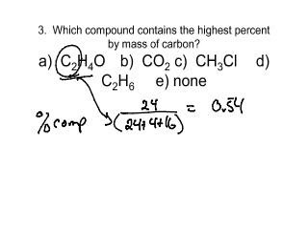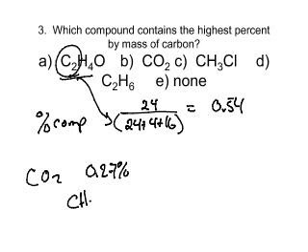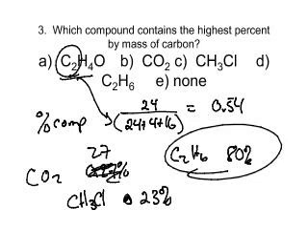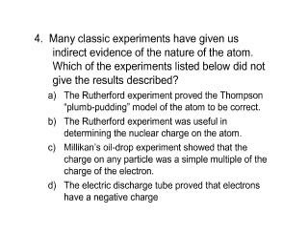You basically do the same thing for the carbon dioxide, and you get 27%. For the CH3Cl, you get 23%. For the C2H6, you get 80%. So, of course, that's the answer, C2H6, letter D.